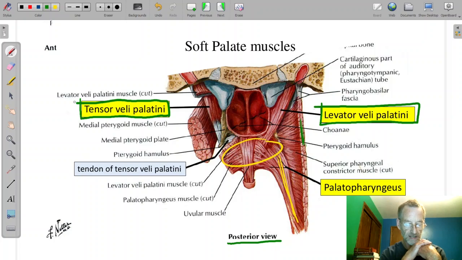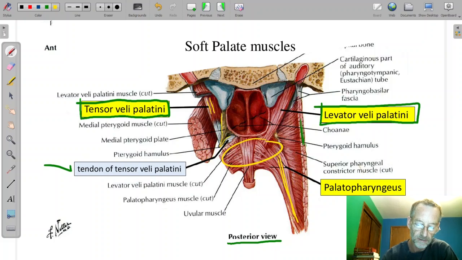I will not ask you to identify the tendon of the tensor veli palatini, but it's a little bit interesting. Here is the pterygoid plate, and we're looking at the medial pterygoid.